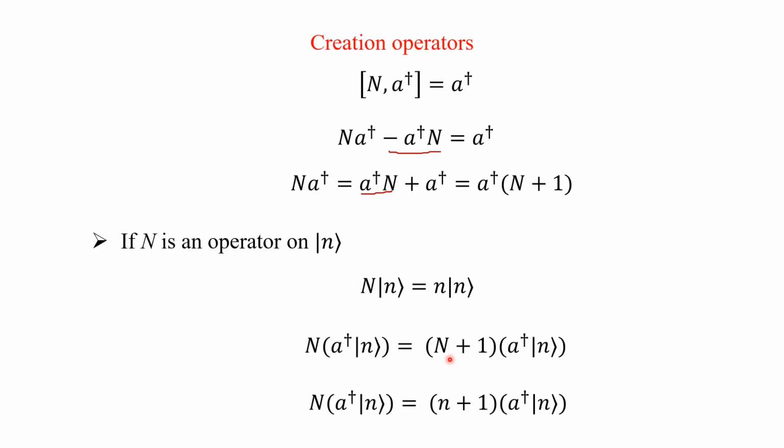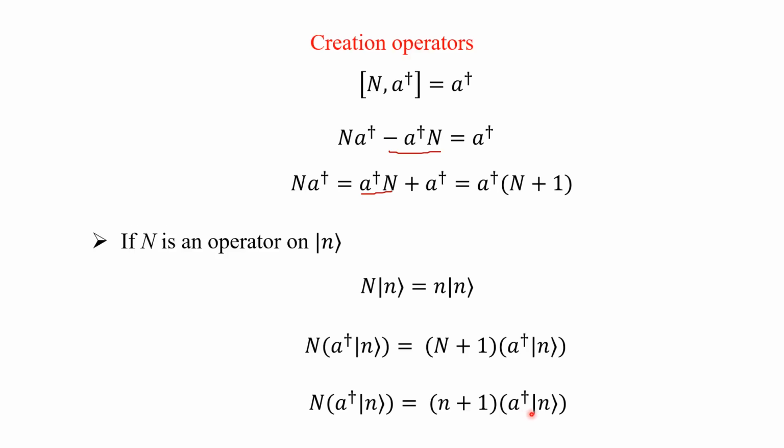As I said, N is a number operator. You can use it on the right hand side or left hand side of a dagger. Only if it is a, you are not supposed to interchange. So this will become N plus 1 a dagger. When N plus 1 acts on ket n, you will get small n plus 1. Number operator acting on n, you will get small n plus 1.